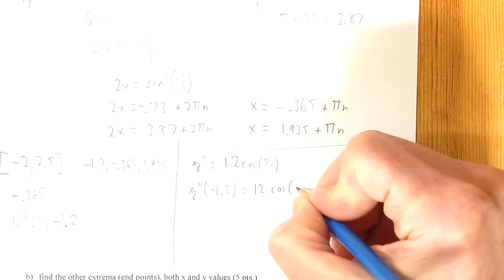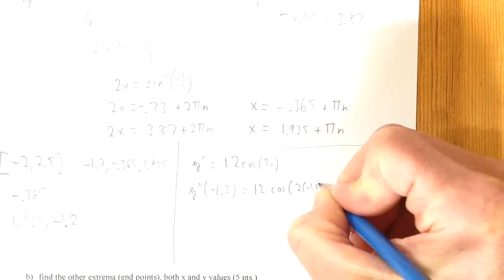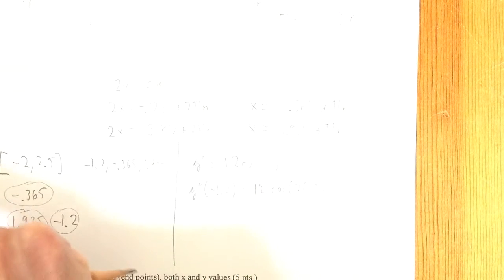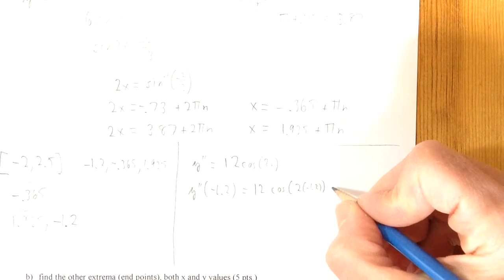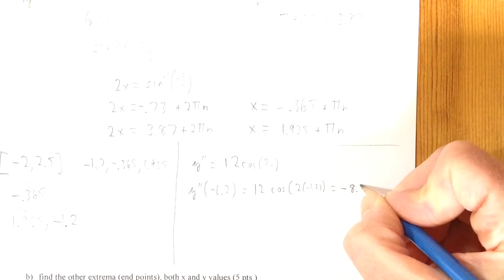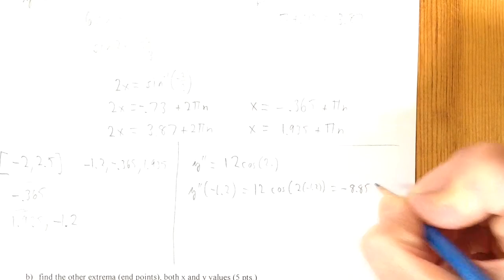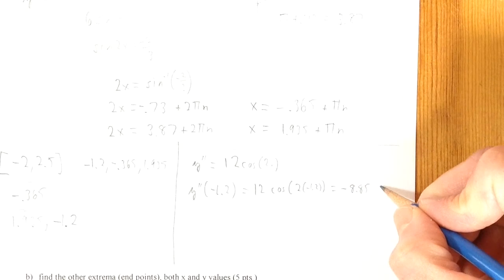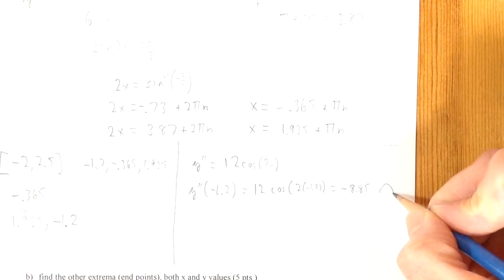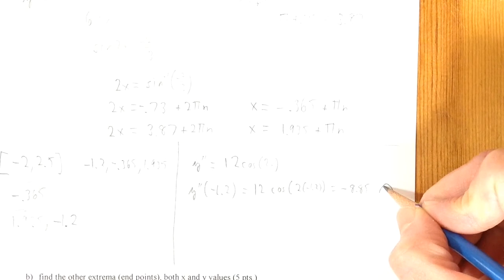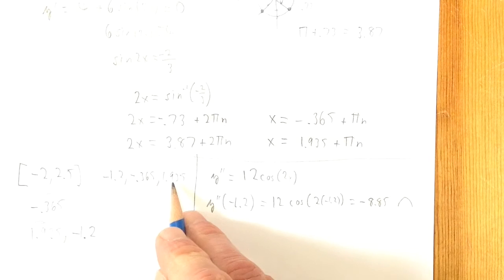That's cosine of 2 times negative 1.2, so cosine of negative 2.4, times 12, and I get negative 8.85, which means if it's negative, that's a maximum. The slope goes from positive to negative. That's a maximum.